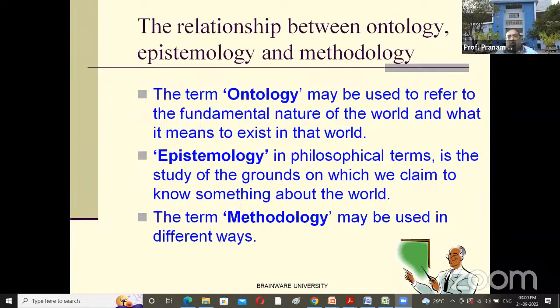So you can make a comparative study. Your title may be like that: a comparative study on the tourists' perception relating to the sustainable tourism facilities available in such and such places.